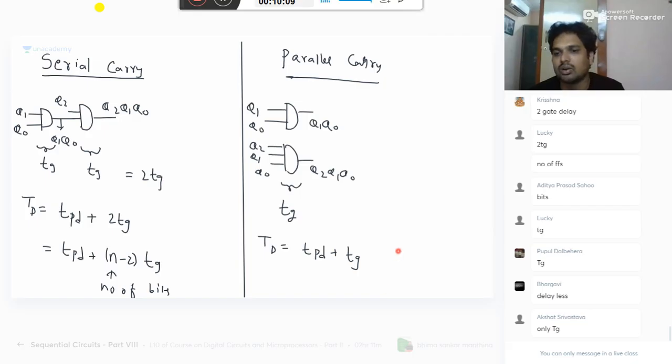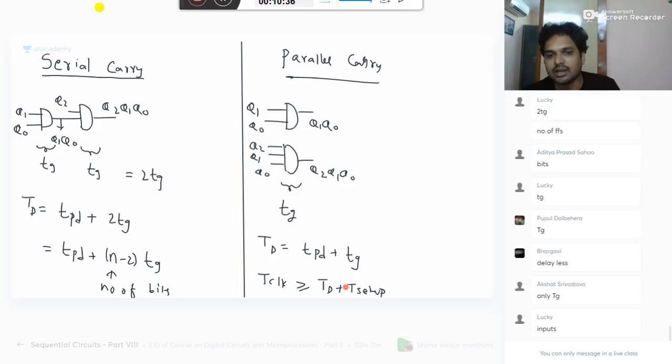So generally, the time period of the clock should be greater than or equal to TPD plus, you can say, like this, TD plus T setup. Do you remember setup time? Setup time is the time by which the input must be present ahead of the clock. Input तैयार करने के लिए time चाहिए, that is called setup time.